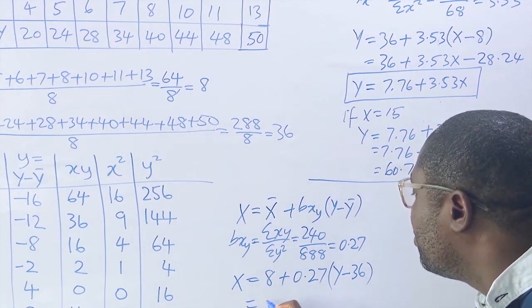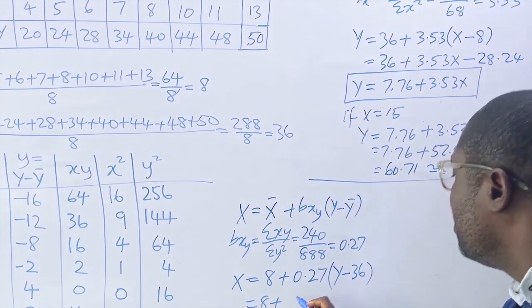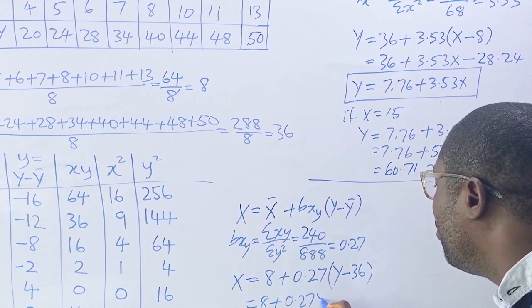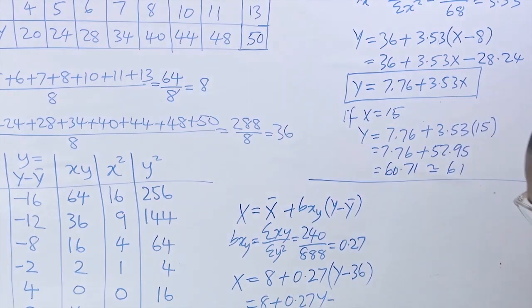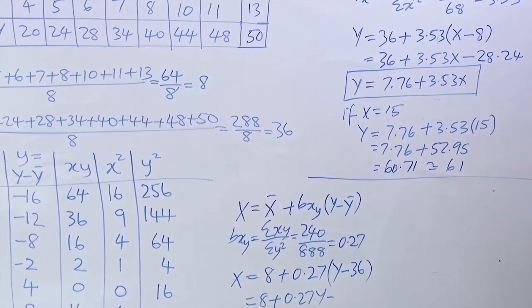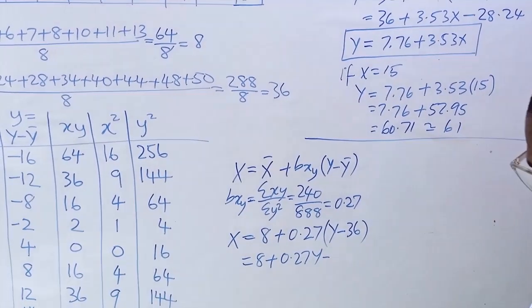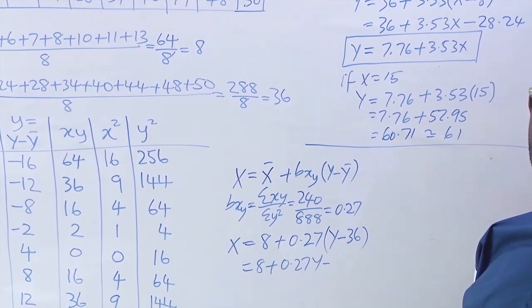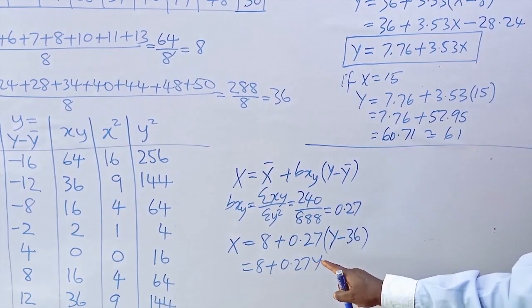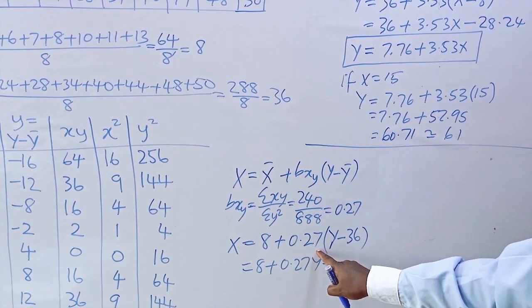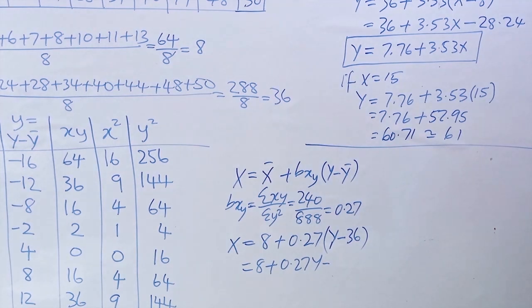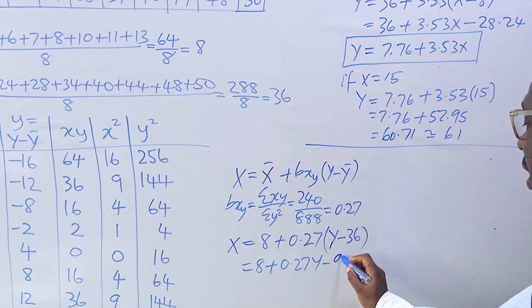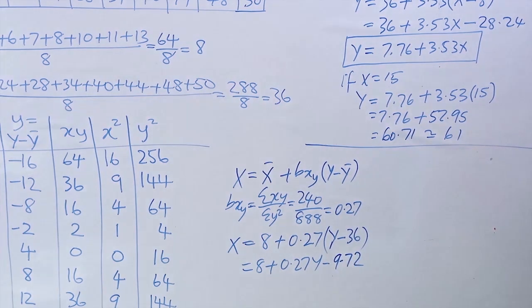So this becomes 8 plus 0.27y minus 0.27 times 36. 0.27 times 36 gives us 9.72.